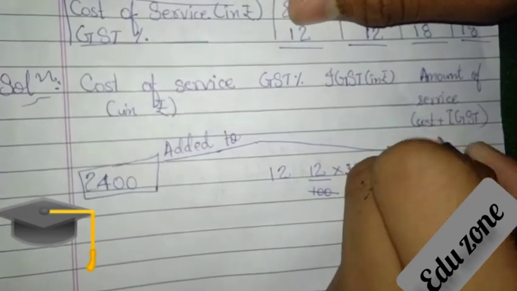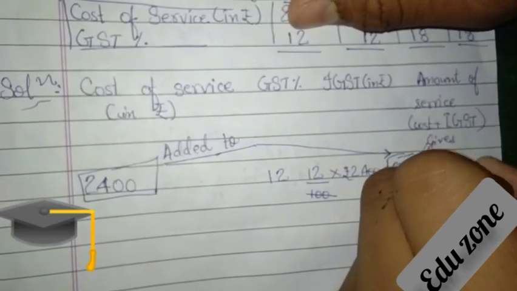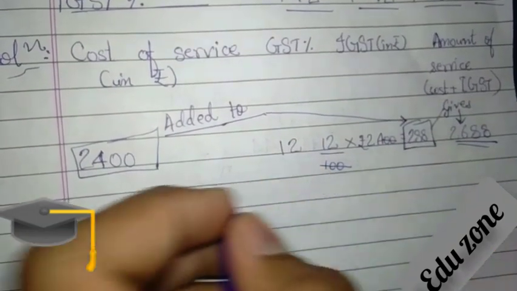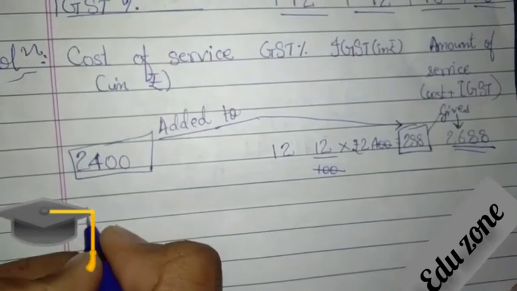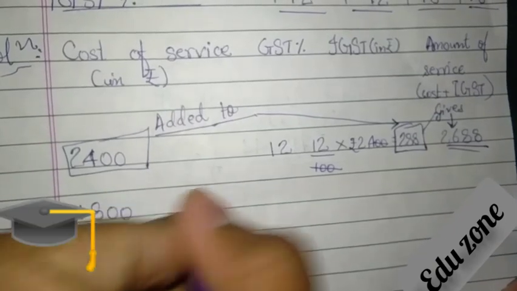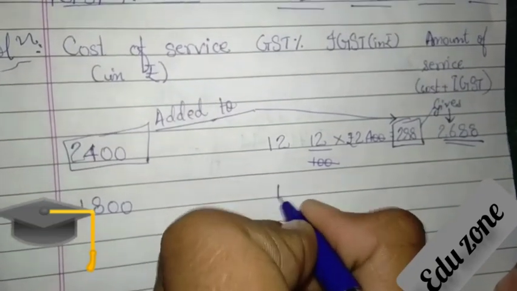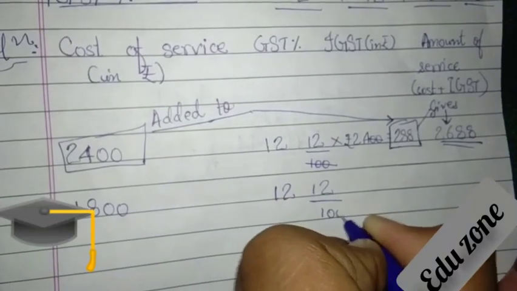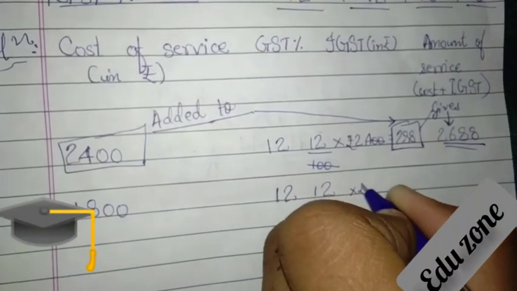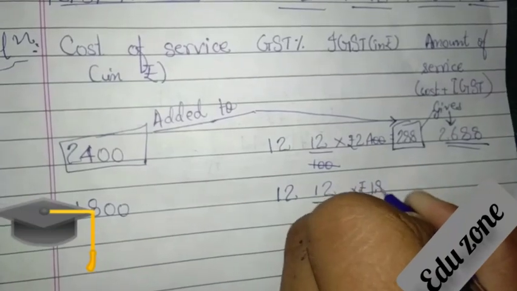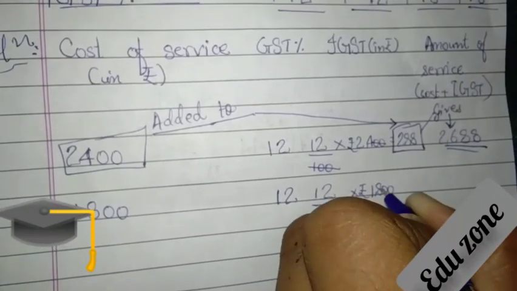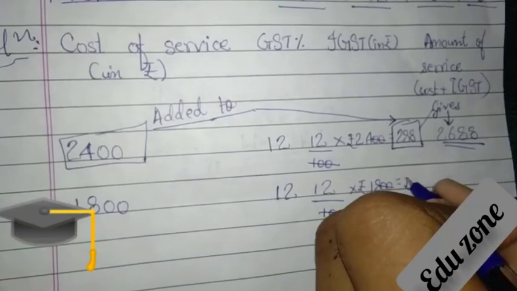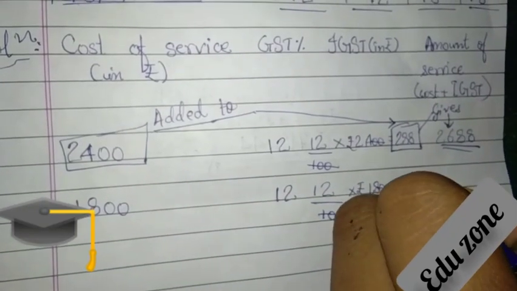So the cost of service is the selling price, equal to the discounted value, and GST is calculated on the discounted value, but there is no discount here, so we'll take the cost of service as the value. So the IGST is 12% of rupees 2400. That's 12 by 100 into rupees 2400. On further simplification, you may solve it, and at last you'll get the same answer, rupees 288.